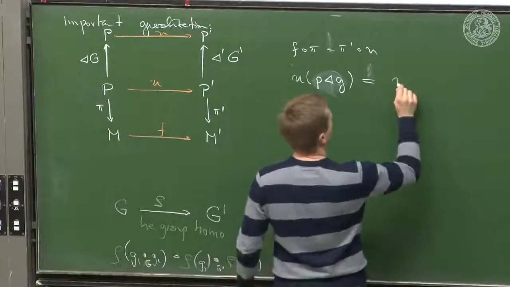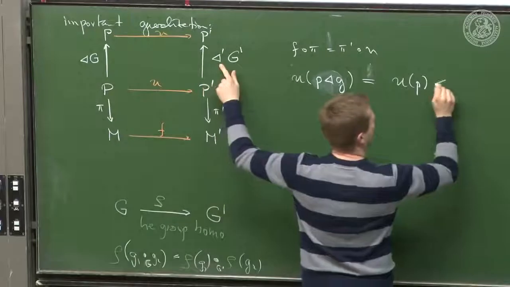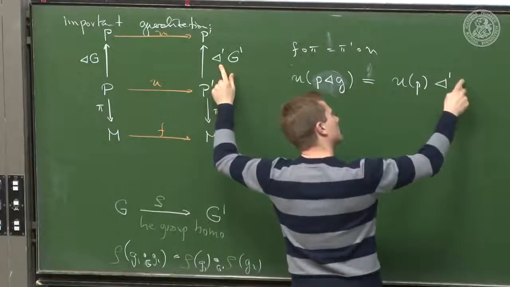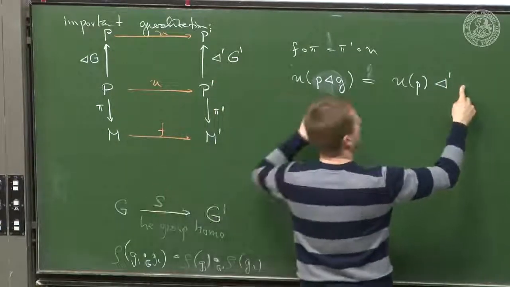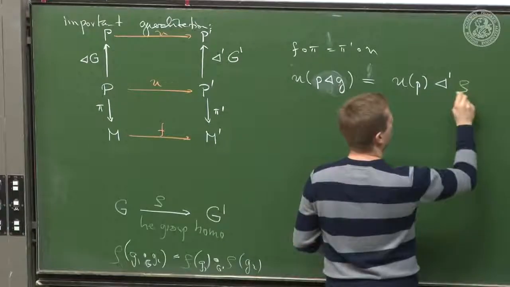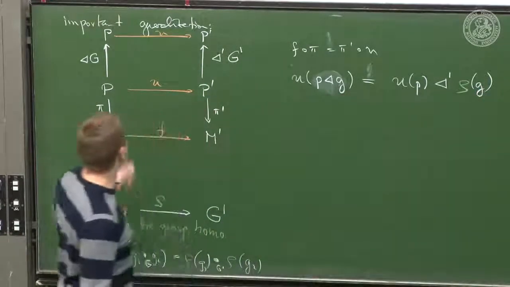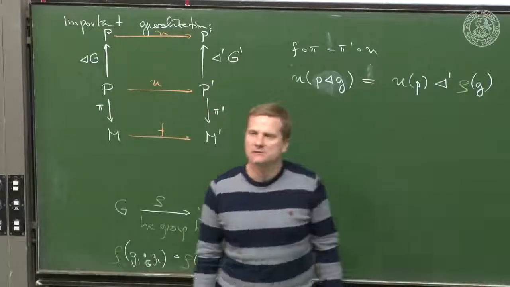this now be first U of p, you first go here, and then you act with this guy. But now there is another group with respect to which this is an action, but you have an element from the group over here, so obviously you now invoke the ρ first, to make an element from the G group into an element of the G′ group so that it can act from the right.